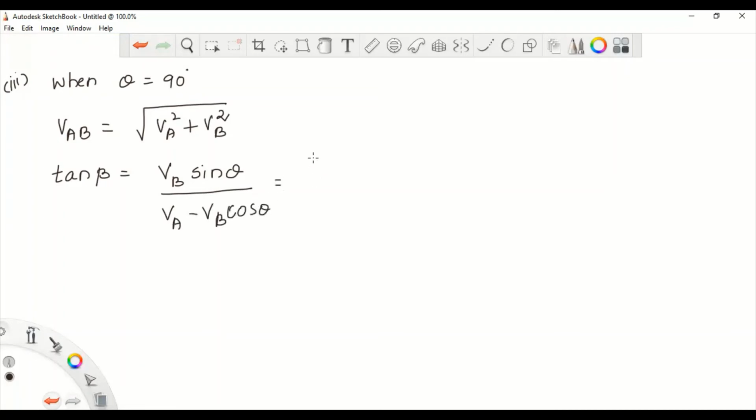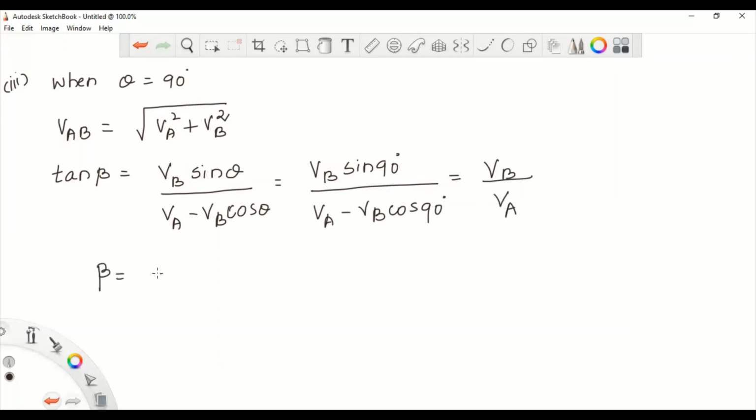Right, substitute theta is equal to 90 degree. Sin 90 is 1 and cos 90 is 0. So you will get VB divided by VA, that is, tan beta is VB divided by VA, so beta is tan inverse of VB divided by VA.